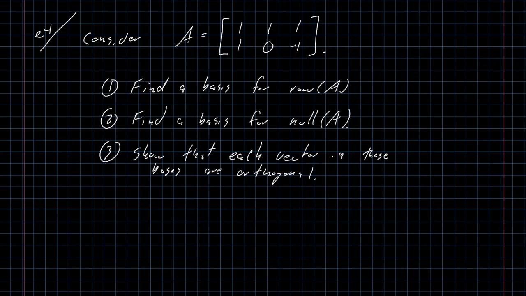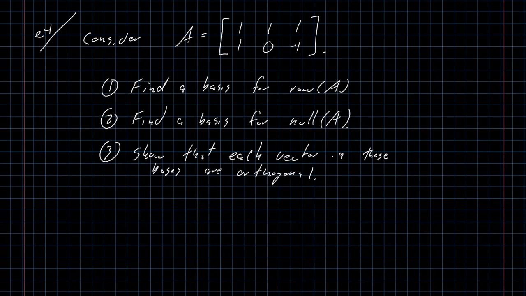I want you to look at this matrix, 1, 1, 1, 1, 0, negative 1. Find a basis for the row space of the matrix, find a basis for the null space of the matrix, and then the key here, take each of the basis vectors for each of those two spaces and show that those basis vectors are orthogonal. Multiple basis vectors within one space will not be orthogonal to each other, but every basis vector of one space will be orthogonal to every basis vector of the other space.